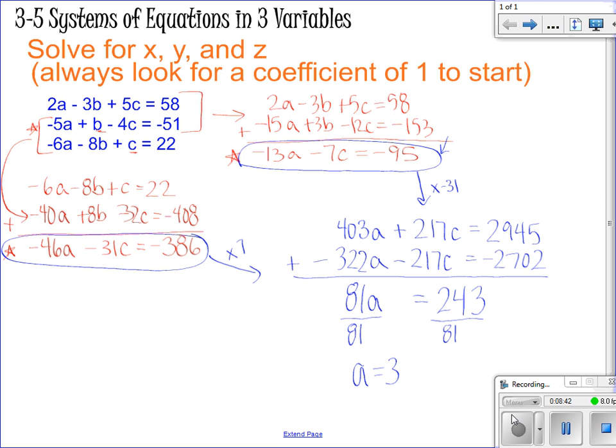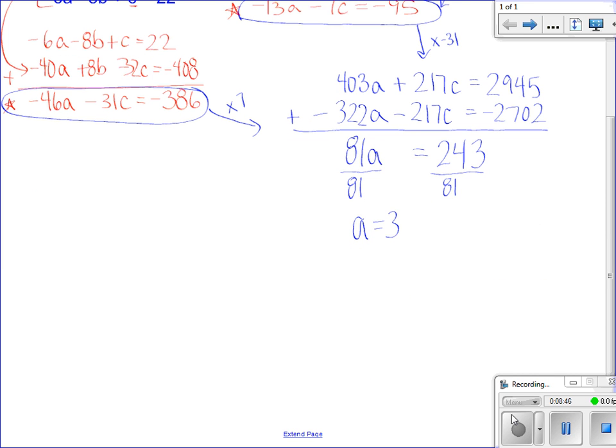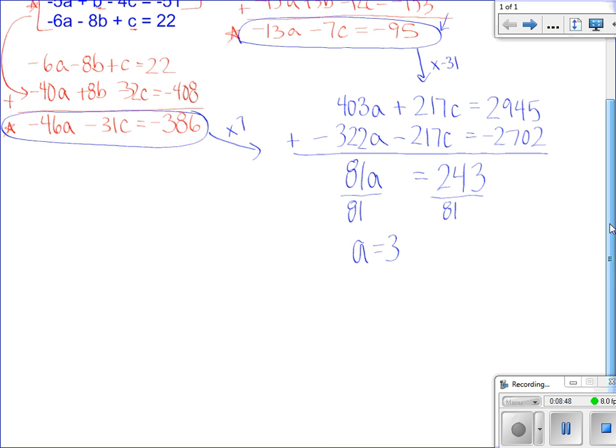So at this point, when you find your first variable, now we're looking at the two starred equations that I circled in blue. You can pick either one so that we can solve for C. So let's just pick this one right here. If we substitute the A, because we found that, we can now figure out what C is and unlock the rest of this puzzle.